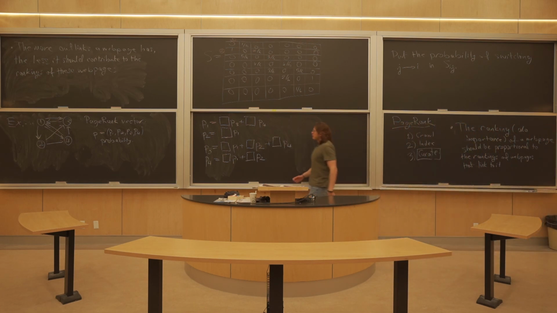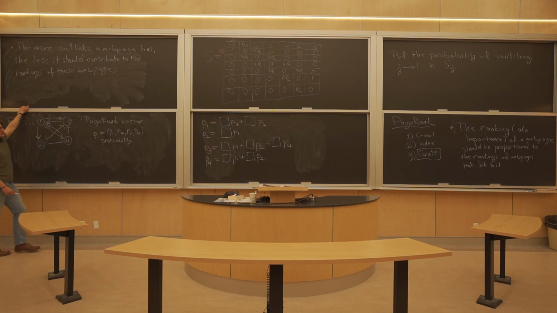But then I want to adjust these numbers. I don't want to count only the number of links that a web page has into it. I want to say something like this. Because, for instance, web page 1 has 3 outlinks, it should equally distribute its own page rank.